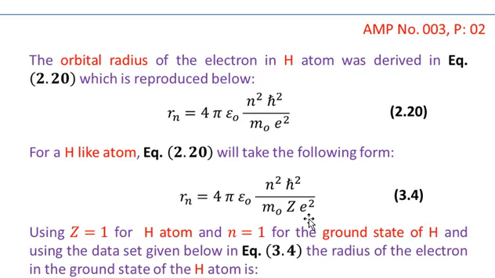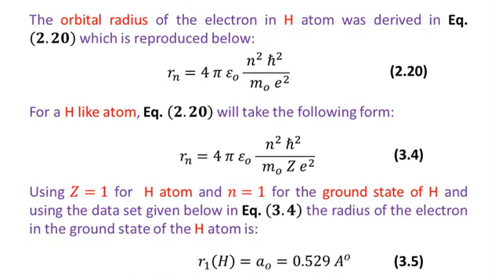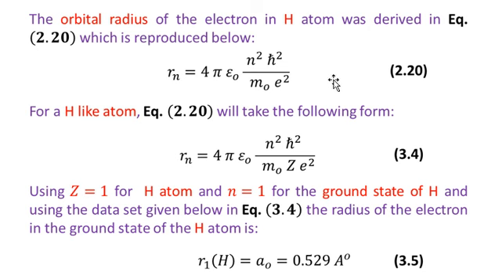Z e square. Here I have introduced Z in the denominator because of the e square charge in equation number 2.20. One charge e is from the nucleus, the other charge e is from the electron. As far as the nucleus is concerned, I can use the charge Ze and the electronic charge as e, so the multiplication of the charges becomes Ze square.